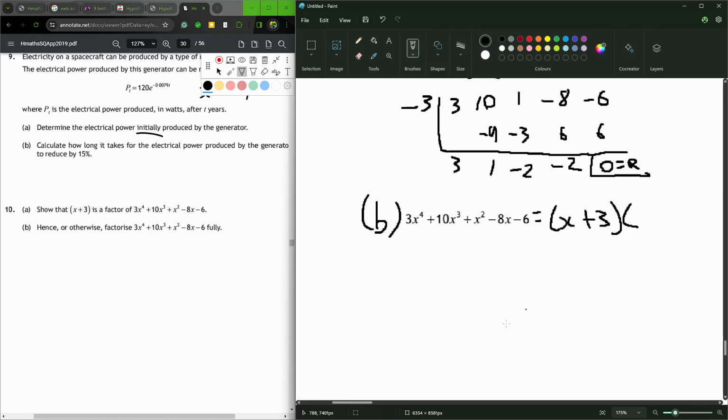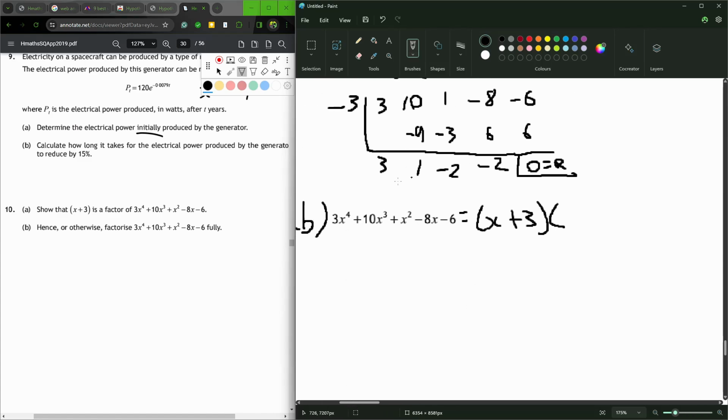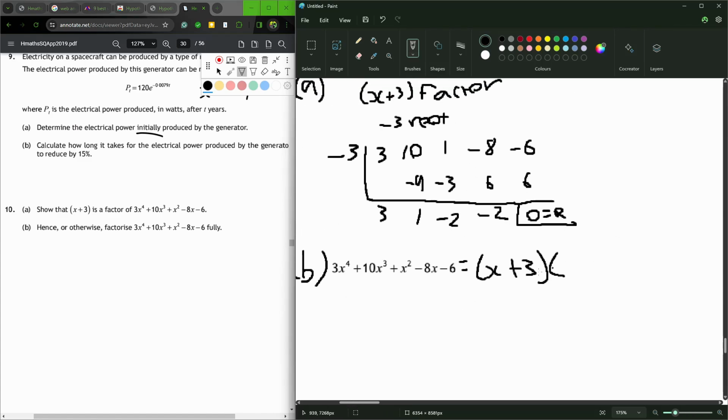And then from the numbers down here, we can work out what the other term is. So we get 3x cubed minus x squared minus 2x minus 2.